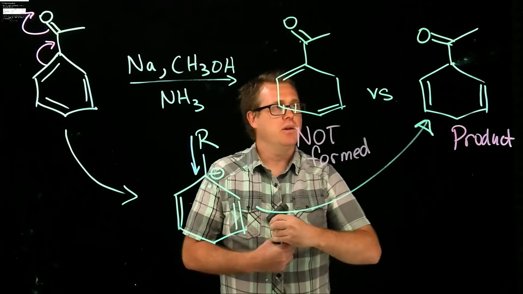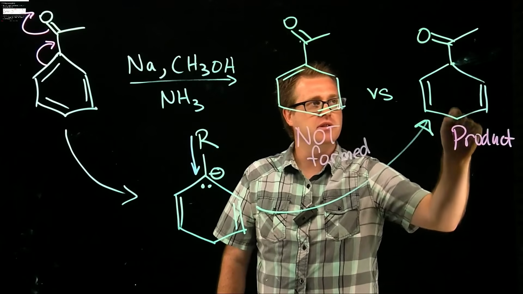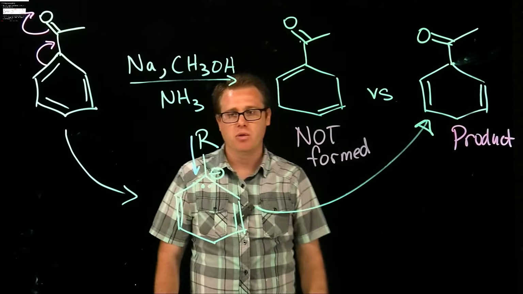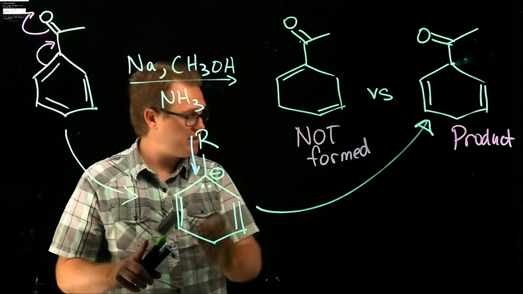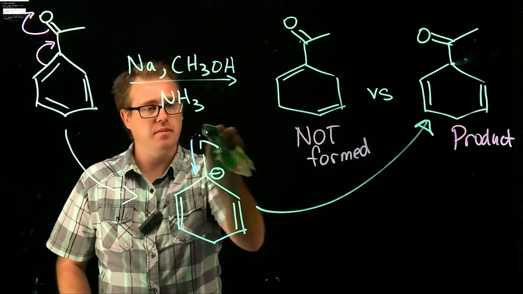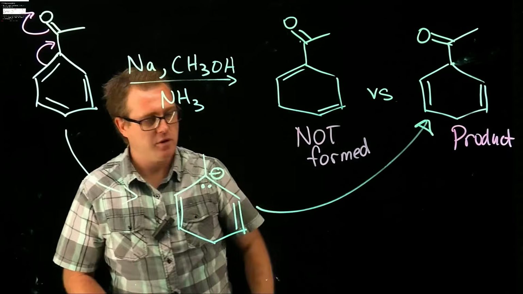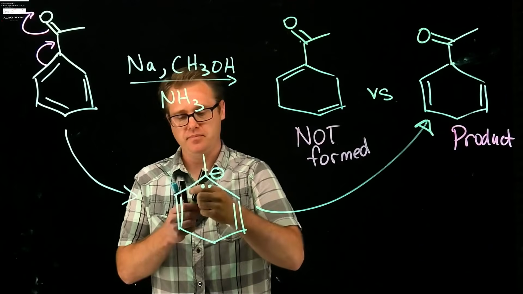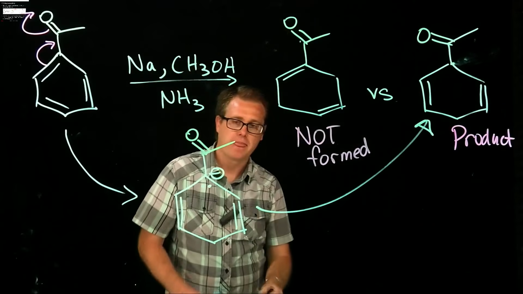Now in this one, notice that these two carbons have been reduced. Now in order for that to occur, one of the intermediates, we've got to clean this up, would have to be this guy. All right.